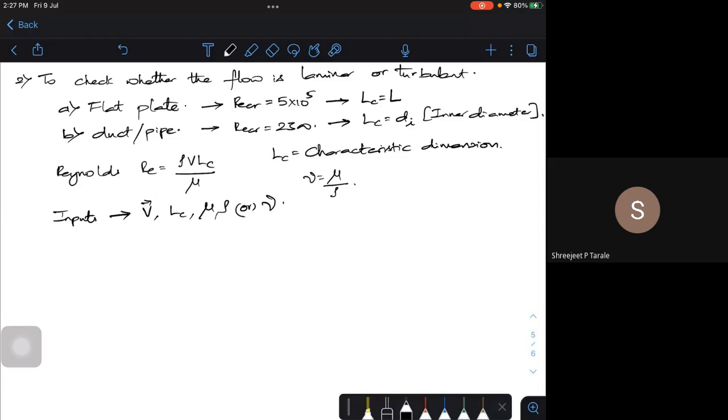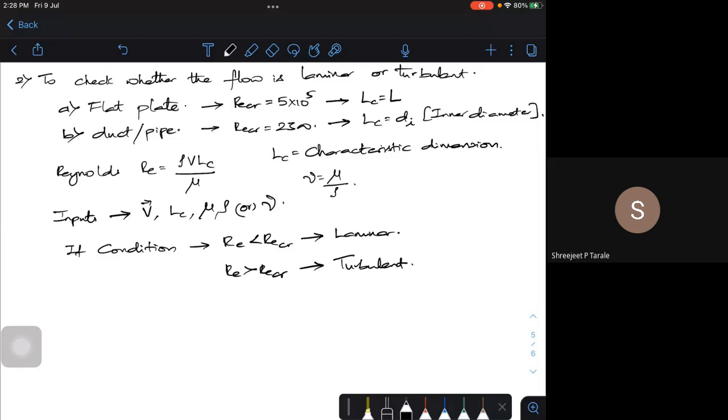Then you put it in an if condition. You should have a conditional statement. If the calculated RE is less than RE critical, I can call that laminar. If the RE is greater than RE critical, you call that turbulent. Simple code.